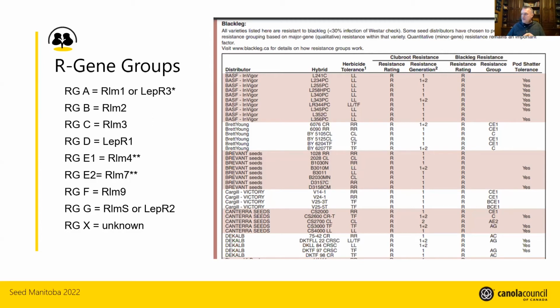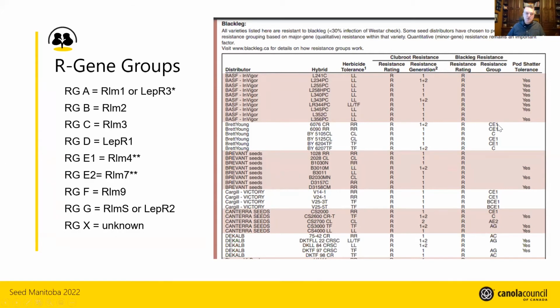Now, in this snapshot from the Manitoba Seed Guide, you can see that under the blackleg resistance, there's two columns. A resistance rating, which are all R's. This is that field rating that all seed companies do to get a variety registered. There's also the resistance group column. You might notice that at the top, we have this Brett Young variety as an example that has CE1.